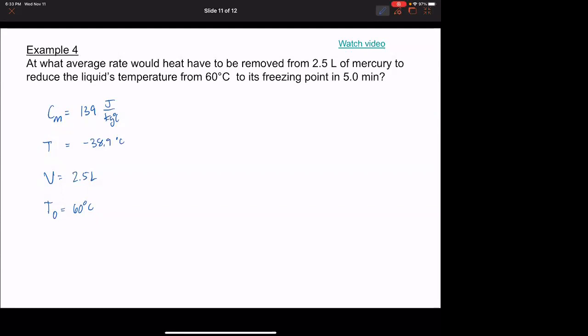Which might be harder to find in this book. I'll look it up on the internet. Somebody look it up on the internet. Density of mercury in kilograms per meter cubed, or kilograms per liter. See who can find it first. Be the winner.